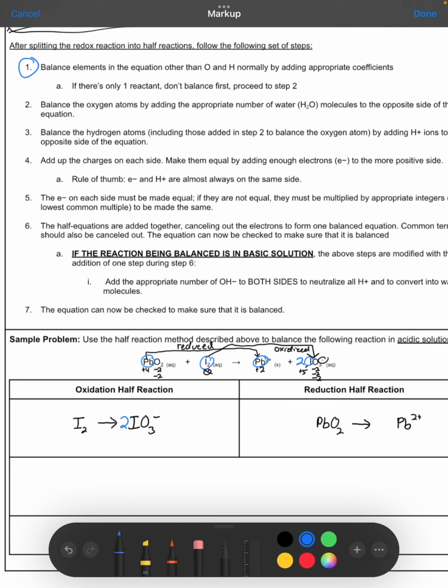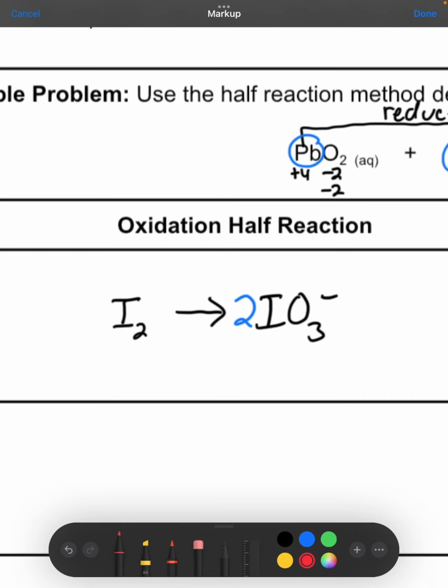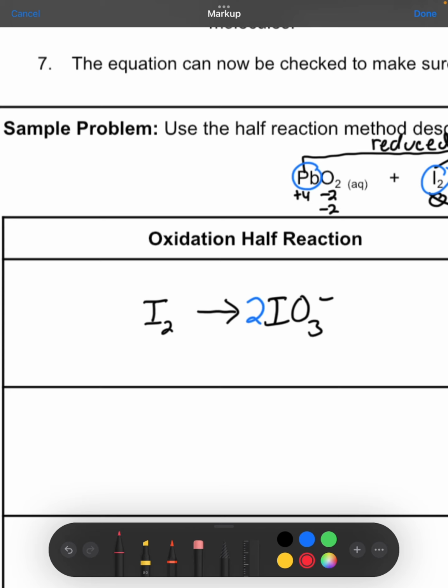Okay, next we want to go and do step number 2. It says now balance the oxygen atoms by adding the appropriate number of water molecules to the opposite side of the equation. So let me show you how to do that. In our oxidation half reaction, we note that there are oxygen atoms on the right-hand side over here, but there are not any on the left.